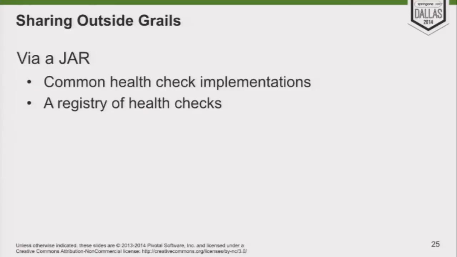And also the actual registry of health checks and how we maintain them is all shared now in this jar. That jar is then consumed, of course, in the Grails plugin, and then we enhance it with the Grails-specific things. But this allows us to reuse not only within Grails, but across other JVM applications. So it works really well for us.